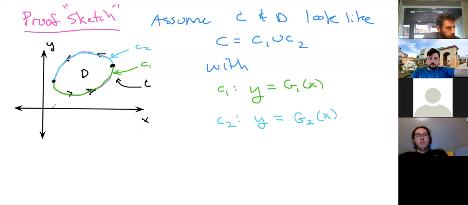These two dots were in a place where my domain for both functions is, let's say, a to b. So x ranges between a and b. This is fun.